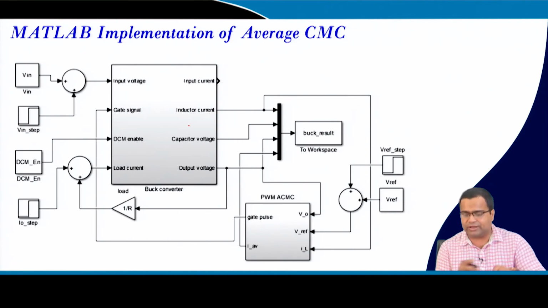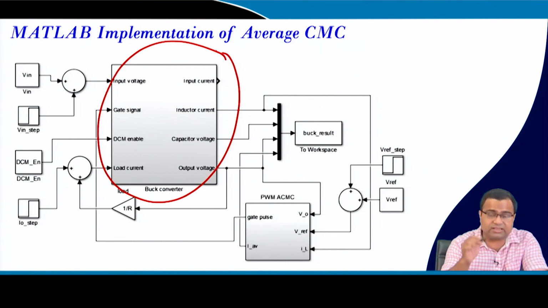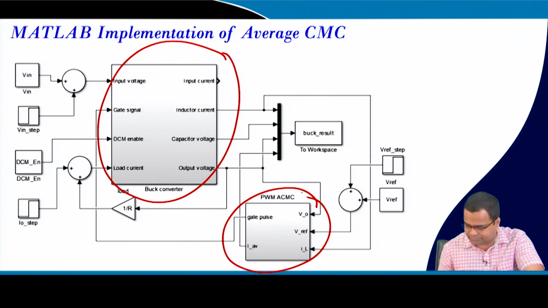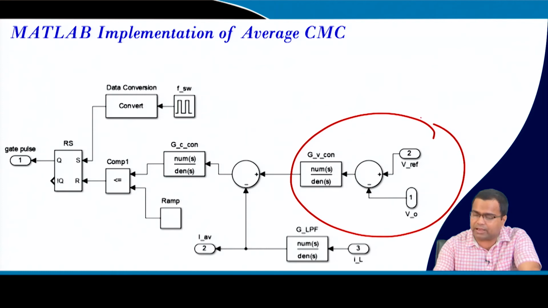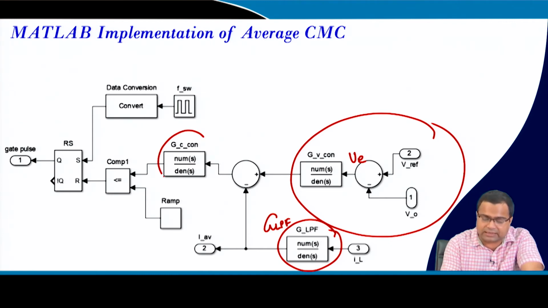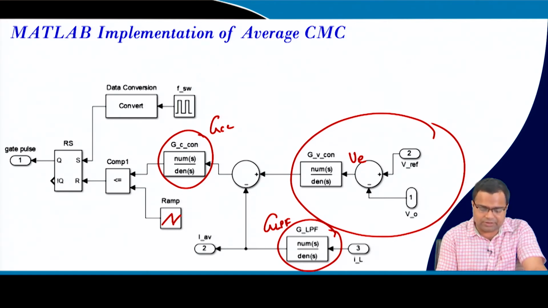So, here I am showing the average current mode control implementation, which I have already discussed. This is a converter that we have discussed multiple times. This is the average current mode controller. There is an outer voltage loop, which takes the error voltage, and this is a low pass filter in the current path, LPF, and this is a current controller, GCC, and this is the sawtooth waveform.